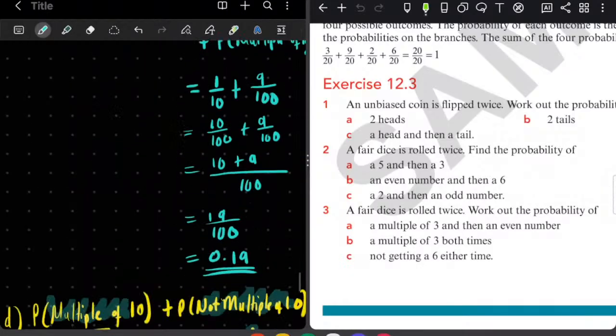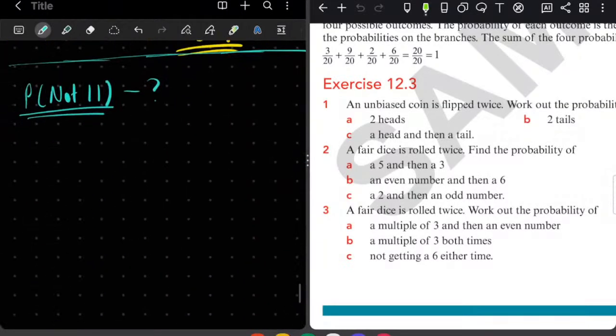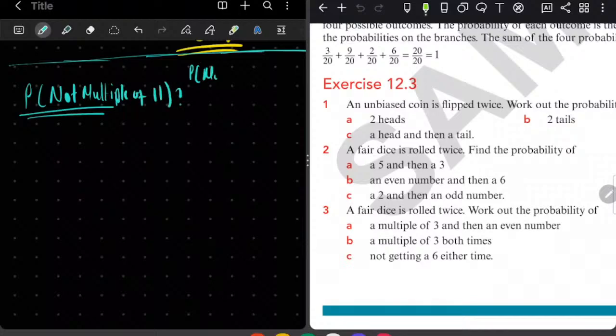So, can you find probability of not 11? You have probability that it's a multiple of 11. Sorry, probability of not multiple of 11. Not multiple of 11. I want it. Probability that it's a multiple of 11 is 0.09.